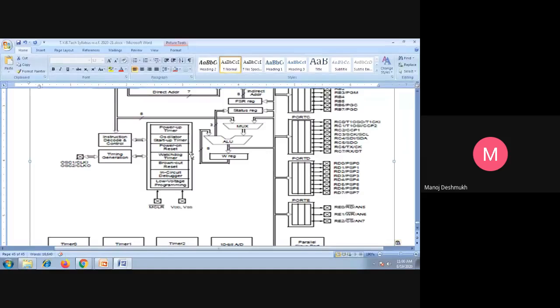ओके, सो आफ्टर दॅट ब्राउनआउट रिसेट. Brownout reset is an additional feature or facility provided by PIC microcontroller. Brownout reset means when your device is facing some problem related to the power supply.